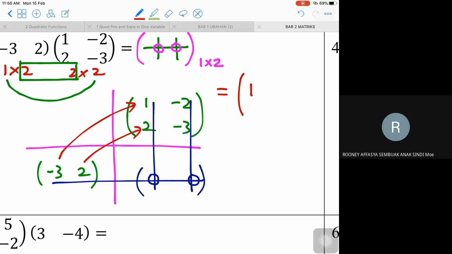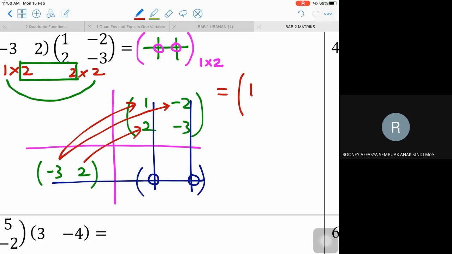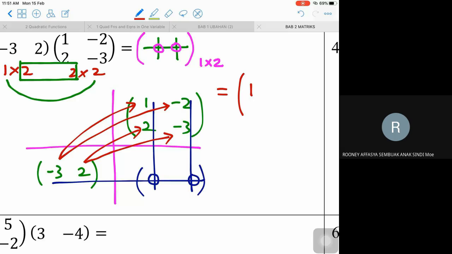Okay, and then for the second element, you need to do first row, second column: negative 3 times negative 2, and 2 times negative 3. So the answer should be 0. So the answer is 1, 0. Am I right, Elena? 1 sifar itu betul tak? 1, 0.